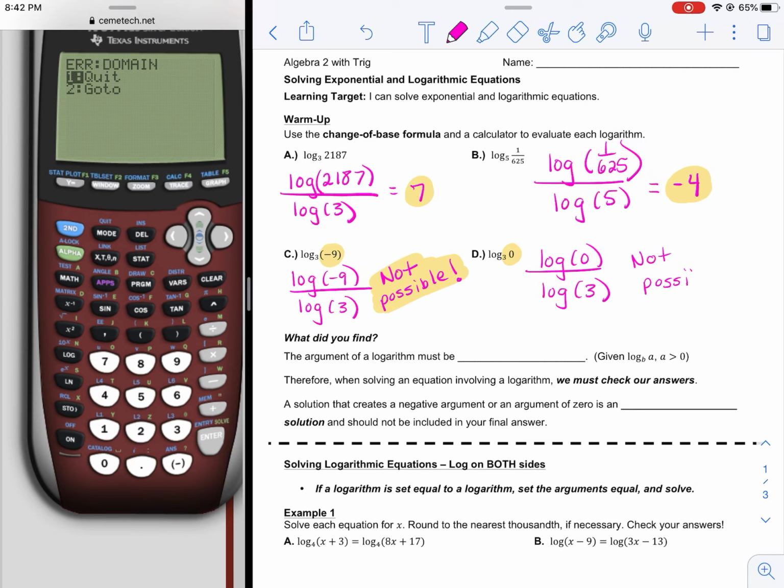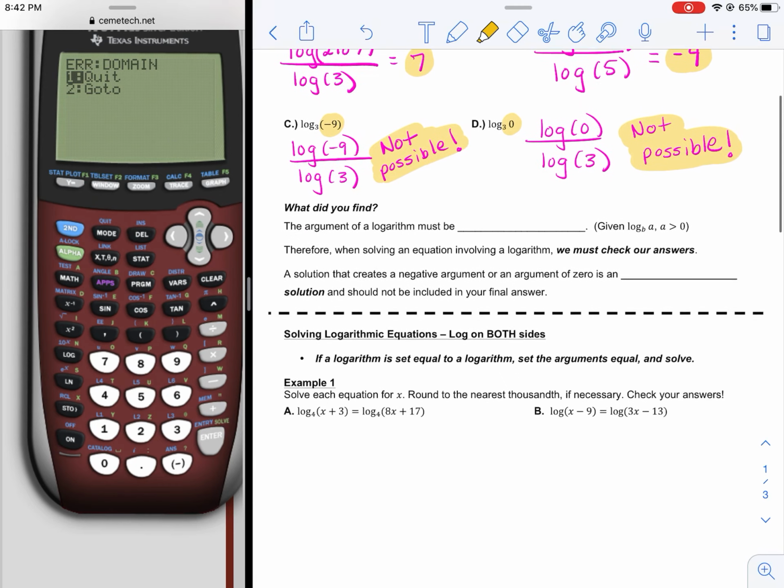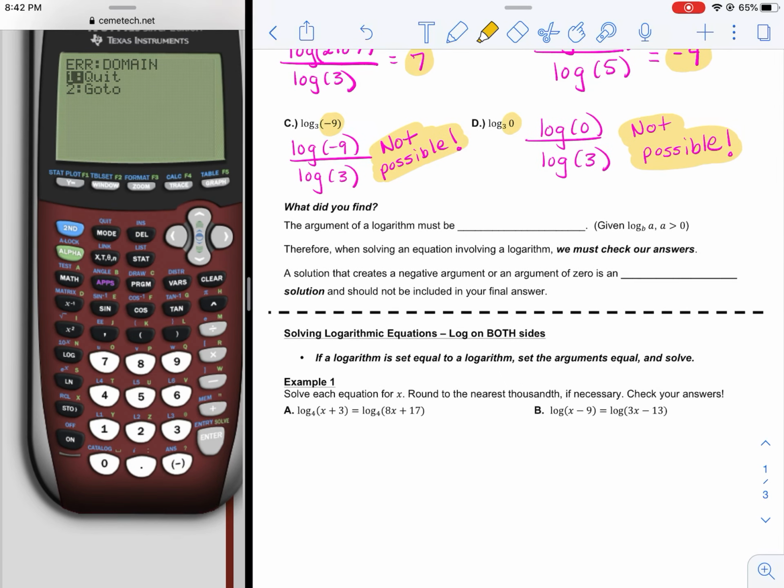So a little review of that change of base formula, but also just pointing out that it's not possible to take a log of a negative. So what we found here: the argument of a log must be positive. In general, if you're given log base b of a, a has to be greater than 0.